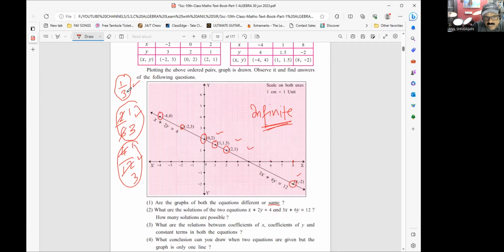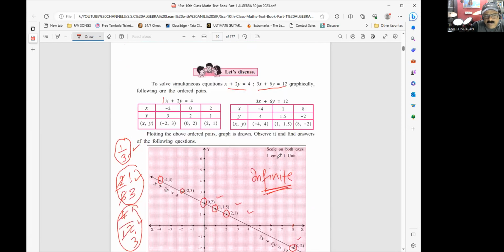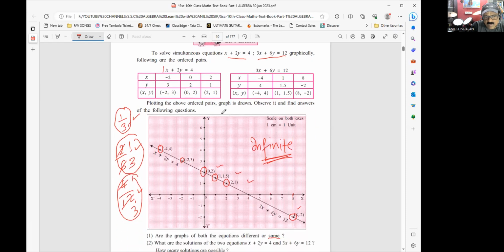If the ratios are equal, 1/3, 1/3, and 1/3, then only you will get this situation. Okay, so that was a discussion. Whenever you see the ratio of x and y as well as the constant equal, then you will get such a type of graph.